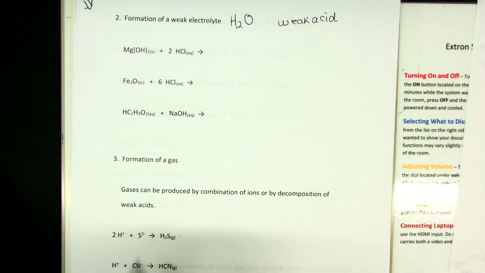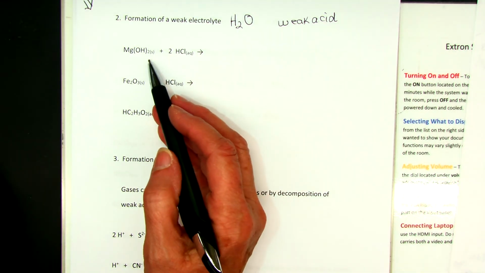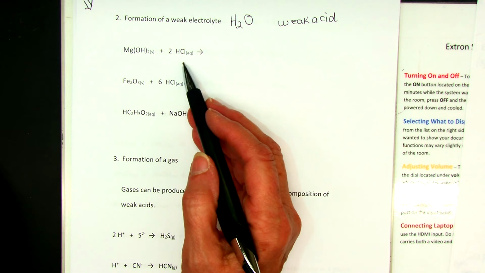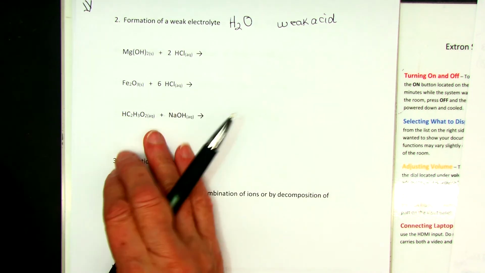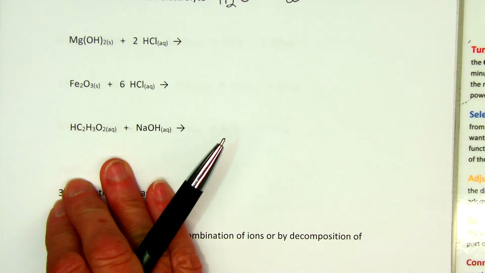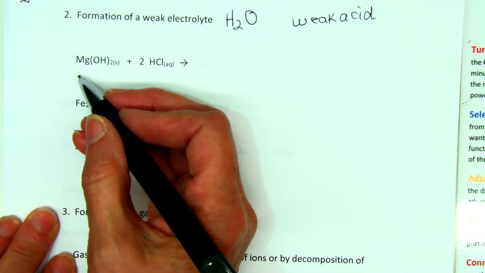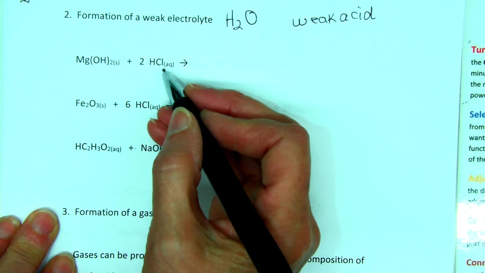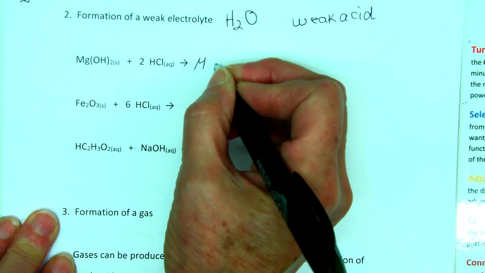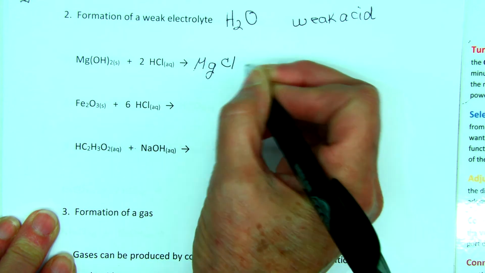I have magnesium hydroxide, solid, sitting in my beaker. I dump a little HCl in there, and just like before, they trade partners at the dance. Magnesium's a +2 ion, chloride is a -1, so we write the proper formula, MgCl2.